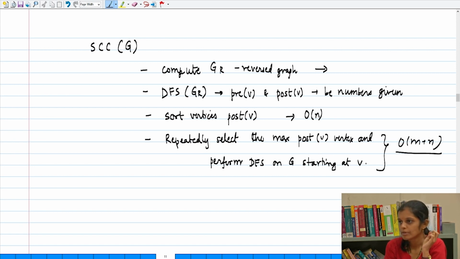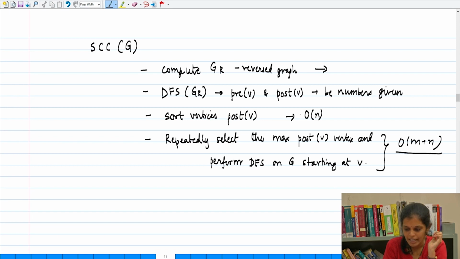It's not going to be some k times m plus n, because you can think of this DFS as being split into several parts, where it does a DFS of a smaller component followed by a DFS of another smaller component. Again, every edge gets visited at most twice in the whole procedure, and therefore this loop is going to run in order m plus n time.